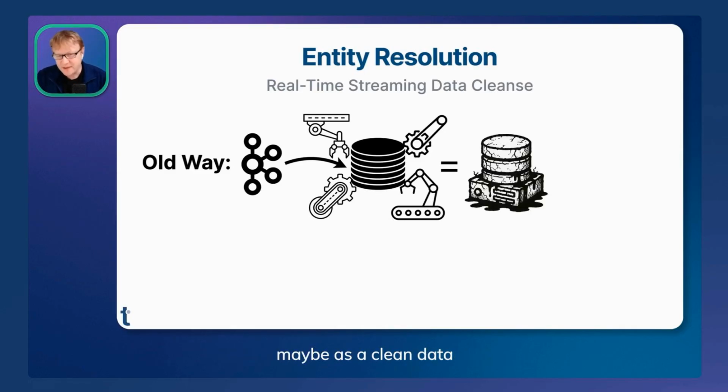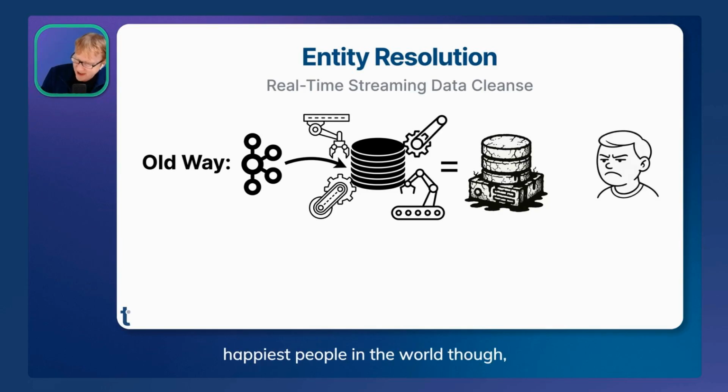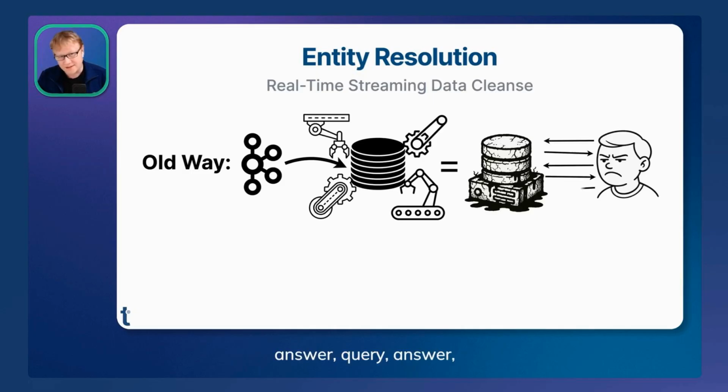And what started as maybe a clean data set now becomes this creaky old collection of data, but it's there. It's good. You can use it. Your users might not be the happiest people in the world, though, because now they have to come query, answer. It slows down. Everything kind of comes crumbling to a halt. Your data is no longer a stream. The entity resolution problem has forced you into batch processing from that point on.